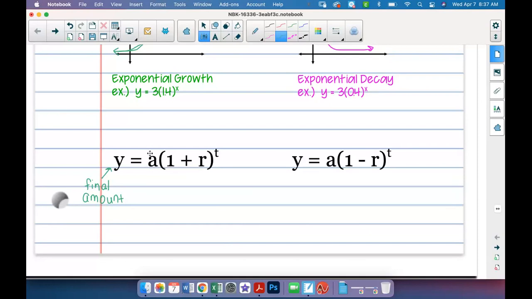Okay, letter a is going to represent the initial amount. Like if you have an example where it says, okay, you start off with 500 mosquitoes, 500 would be where a is. Okay, so this is your initial amount where letter a is.